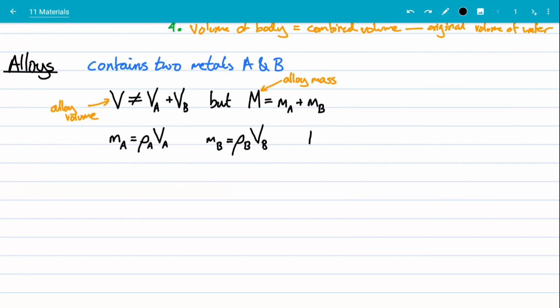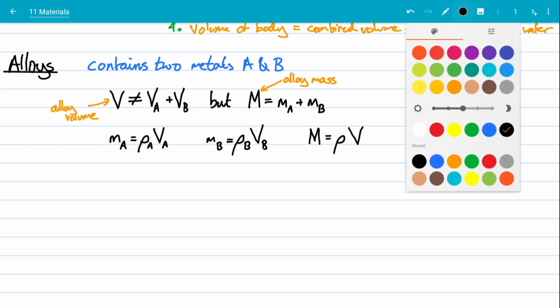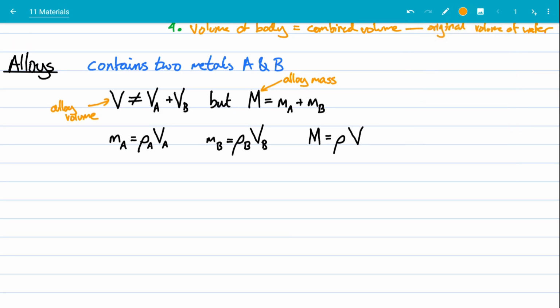We also know that the mass of the alloy is the density of the alloy multiplied by the volume of the alloy. So I'm not using any subscripts for the alloy density.